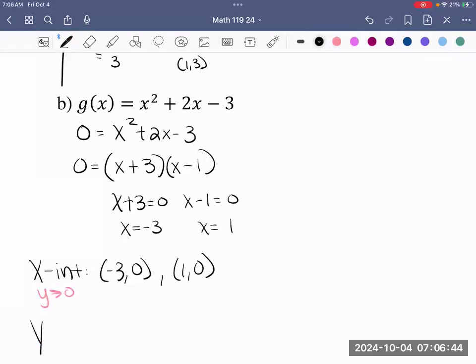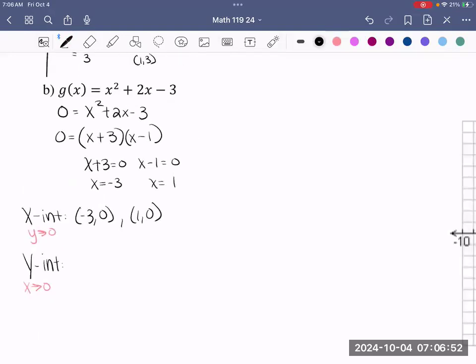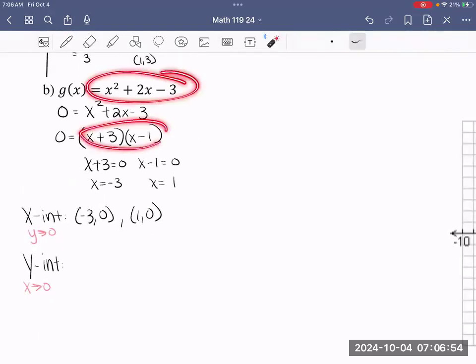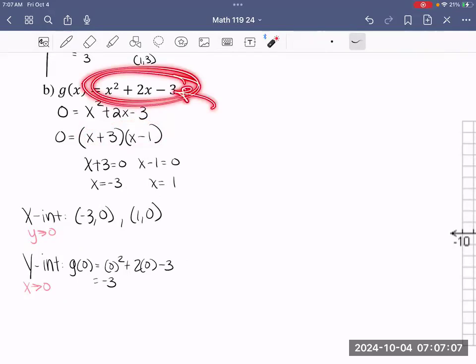And for your y-intercept, your y-intercept is when x is 0. So if we were to plug in a 0 into either your original or your factored form, it doesn't matter. G of 0 is equal to 0 squared plus 2 times 0 minus 3. So therefore it's -3.